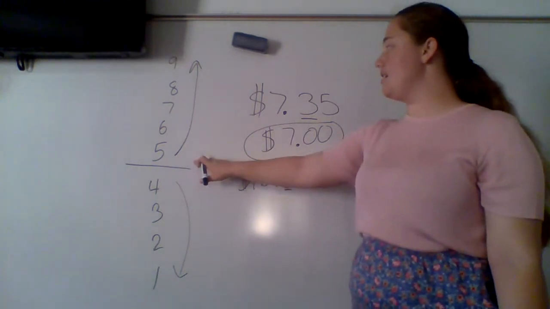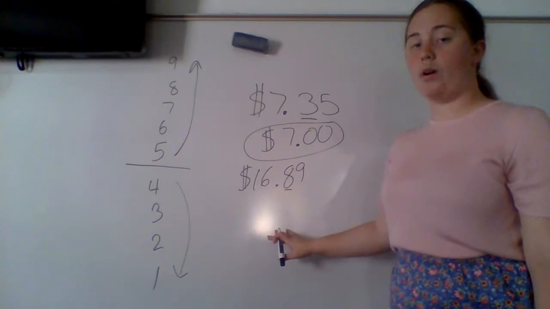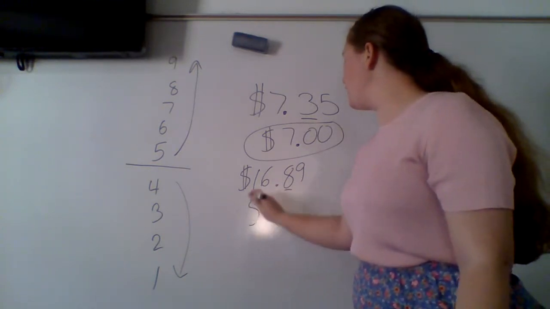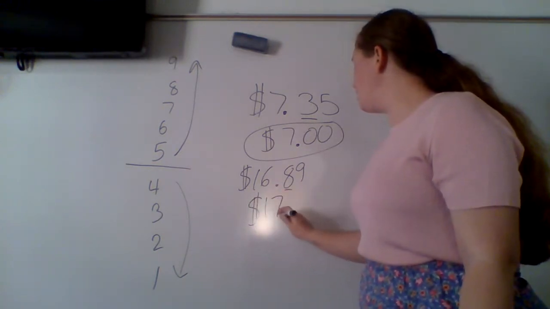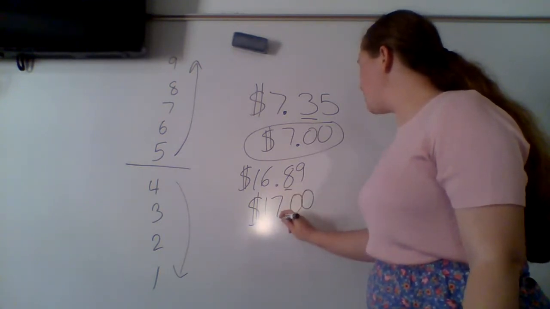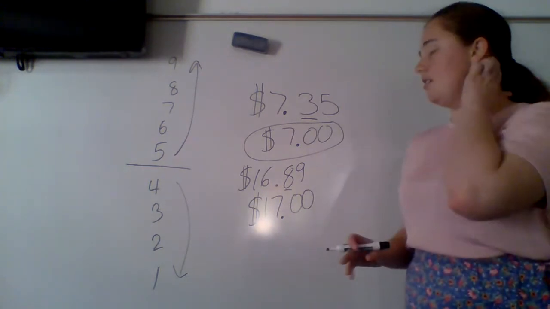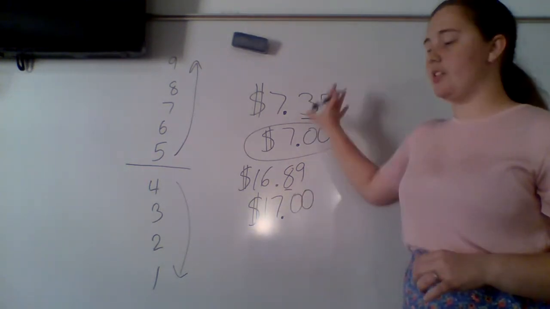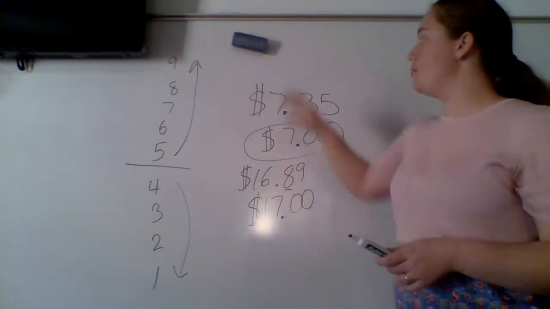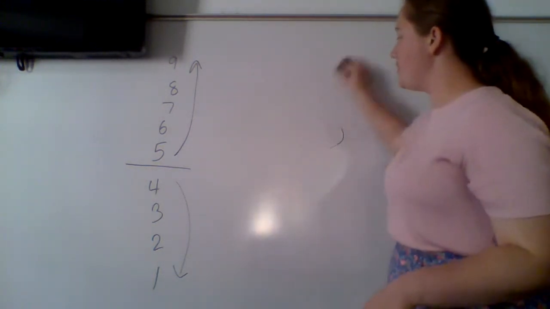An 8 is 5 or higher, so my dollars is going to go one more higher. So that would be $17.00, of course. So it'll just be $17. Now, that's not in the book necessarily. These specific problems are not in the book, but it was just to show you. Let's look at some problems that are in the book.